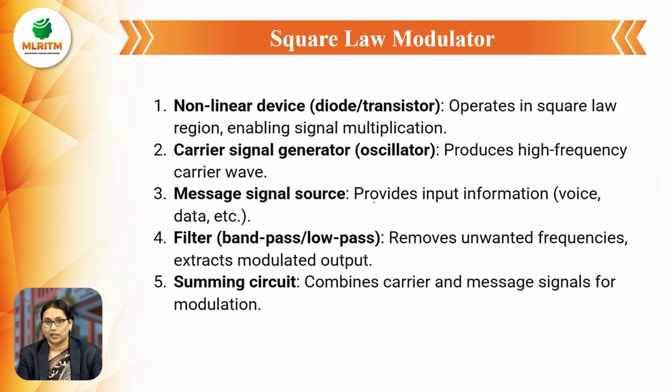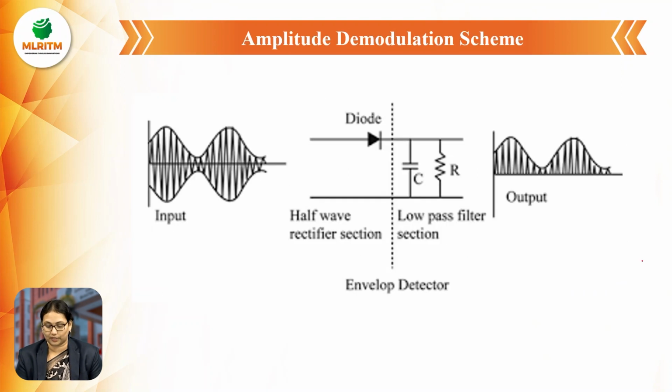Message signal source provides input information, voice or data. Filter: band pass or low pass filters. Band pass filters are used in generation techniques. Low pass filters are used in demodulation or detection techniques. It removes unwanted frequencies and extracts the modulated output. Next one is the summing circuit. It combines carrier and message signal for the modulation process.